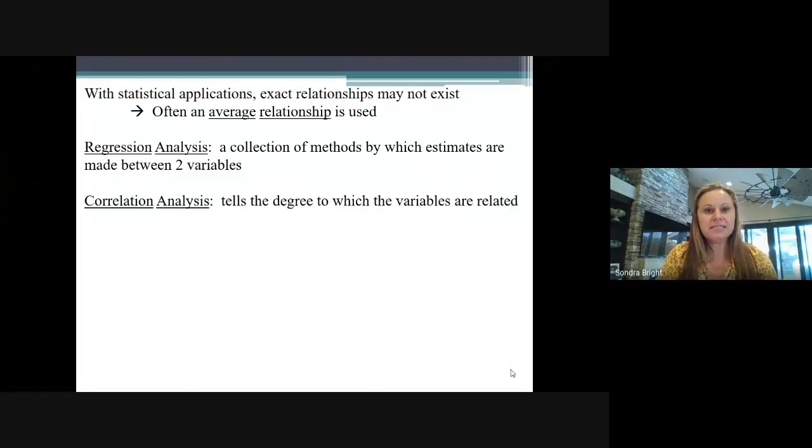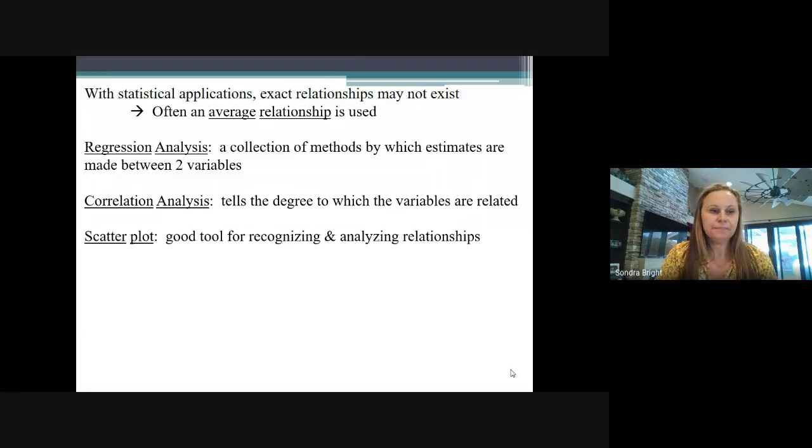Correlation analysis tells the degree to which the variables are related. A scatter plot is a good tool for recognizing and analyzing relationships. We're going to be doing regression analysis, correlation analysis, and making scatter plots, all using our graphing calculators.